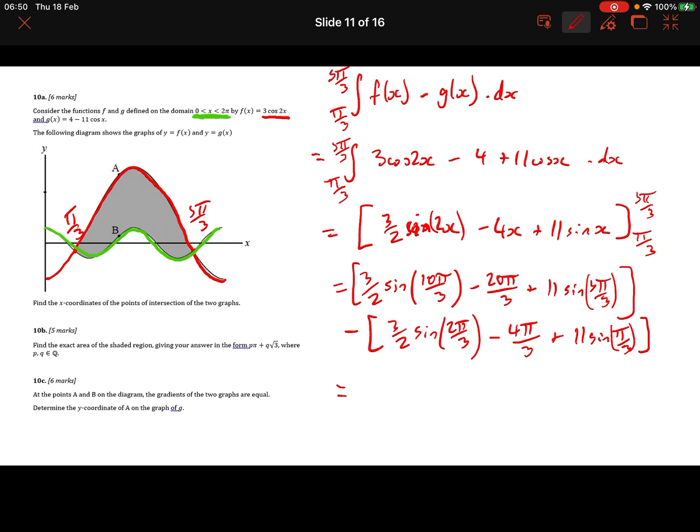That's going to be 3 over 2 times negative root 3 over 2 minus 20 pi over 3 minus 11 root 3 over 2, and then we're going to get minus 3 over root 3 over 4, because sine of 2 pi over 3 is root 3 over 2, minus 4 pi over 3, and then plus 11 root 3 over 2.